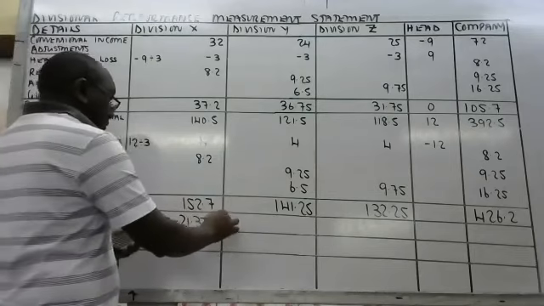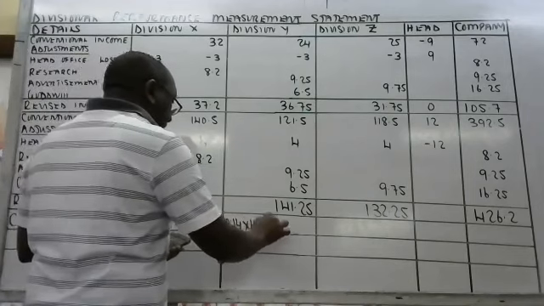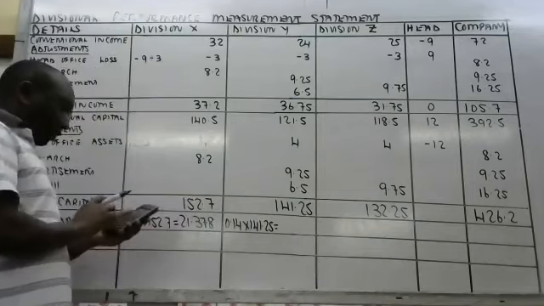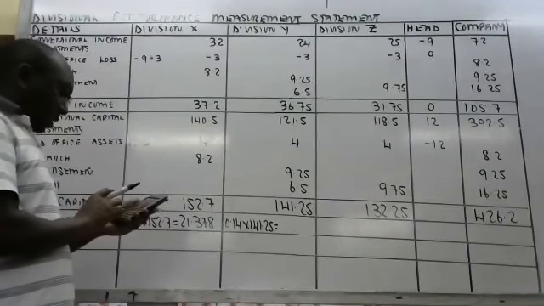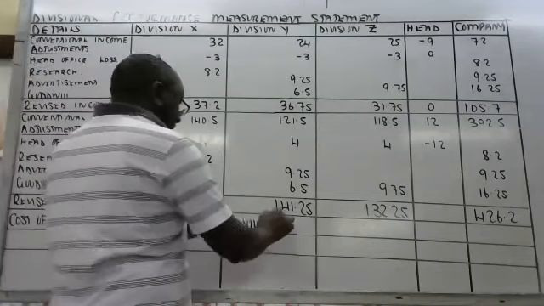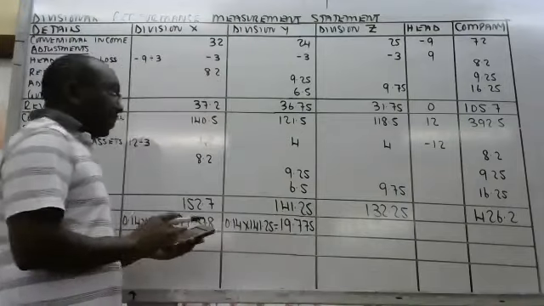Then 0.14 of 141.25. So 0.14 times 141.25 is 19.775.